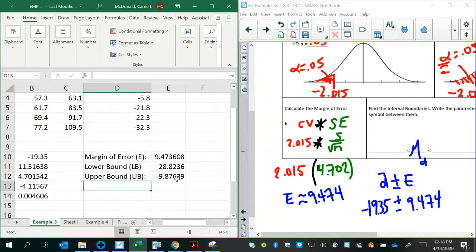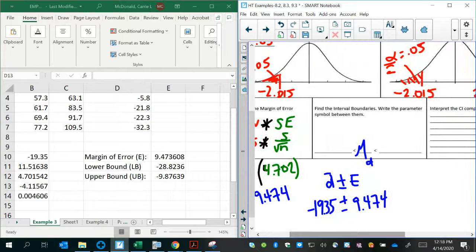So now I have the boundaries for my interval and my interval estimate, which estimates the population mean to be between 28.82, one place more than the original data values, and negative 9.8.